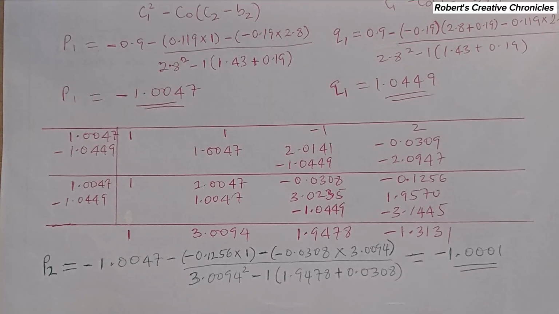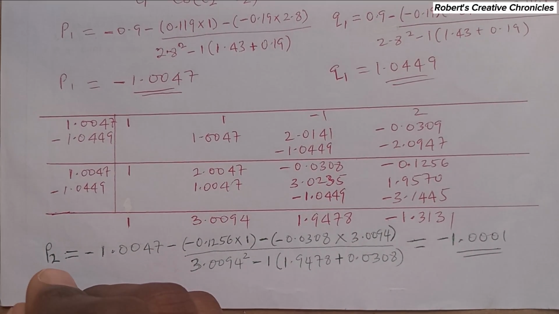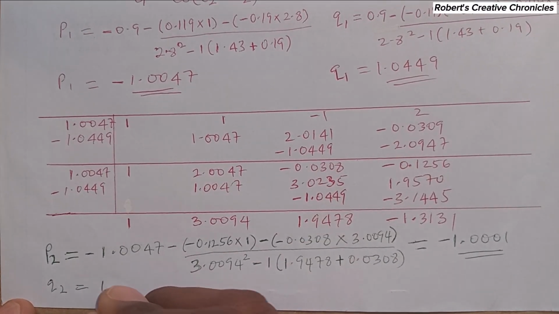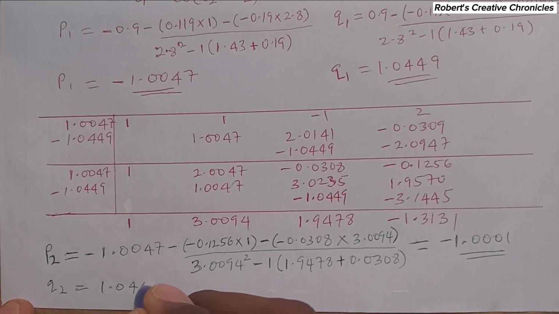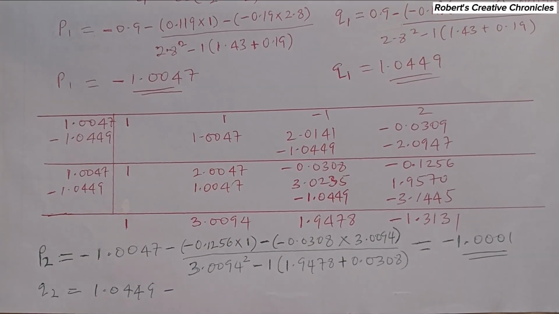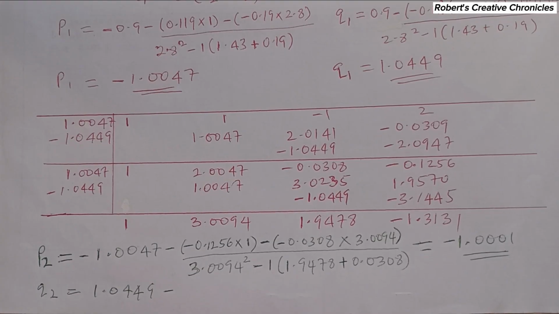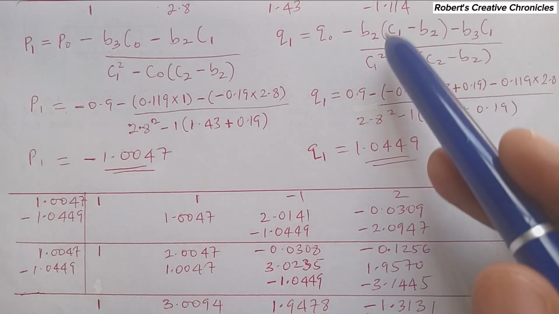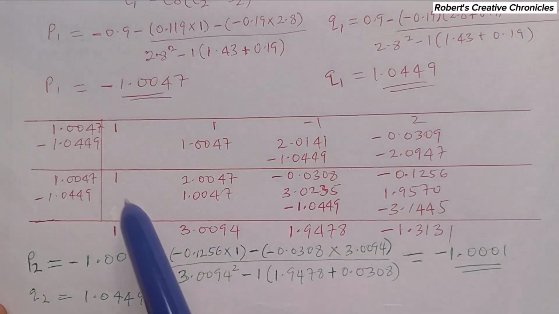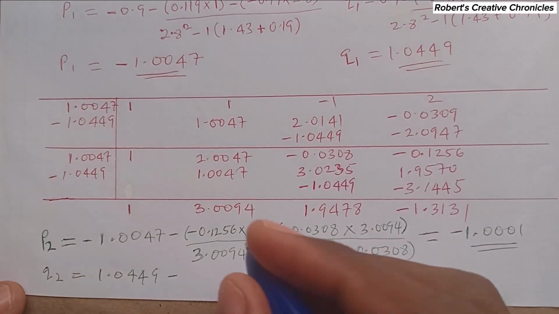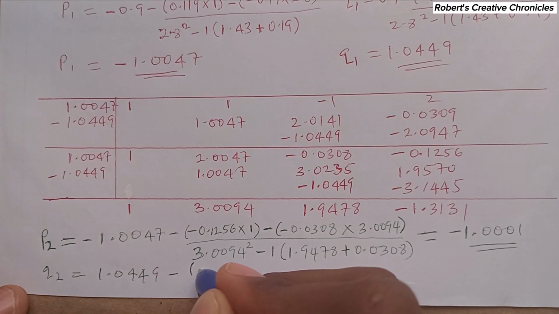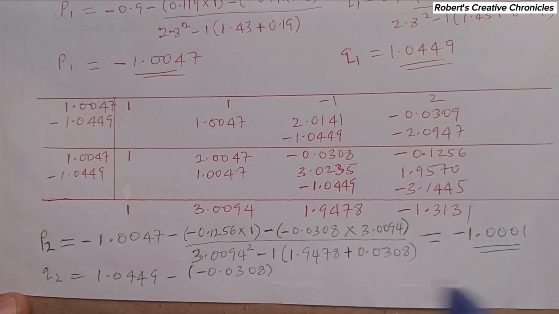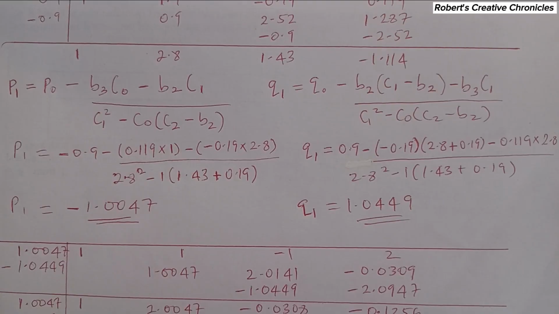Let's find Q2. So Q2 will be Q1 minus, then we'll use this formula. This will be B2. This is B0, B1, this is B2. So it will be B2, then C1 minus B2.